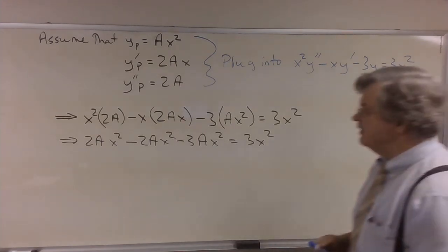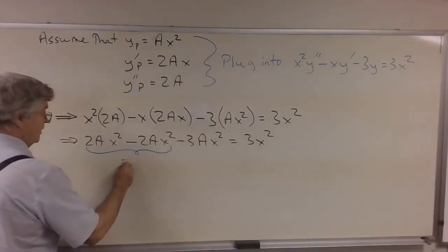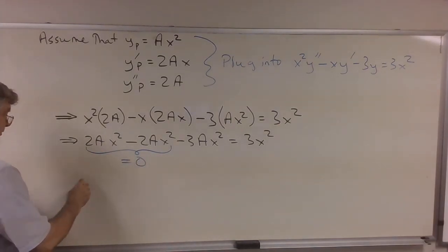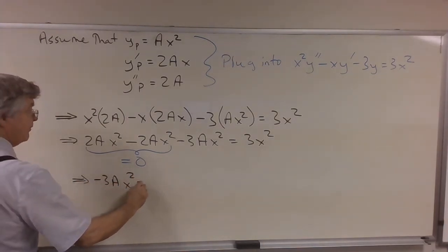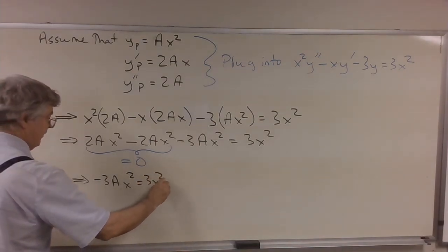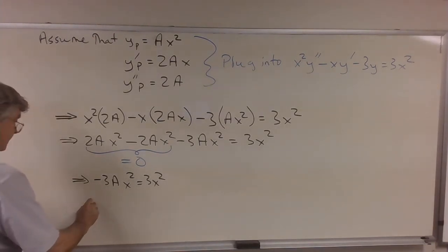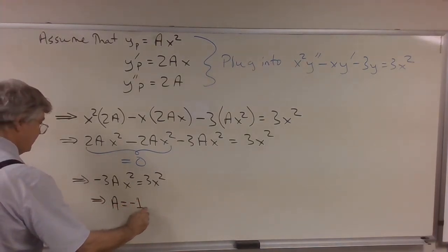These guys up front cancel each other out. And if we divide both sides by negative 3x squared, we get a equals negative 1.